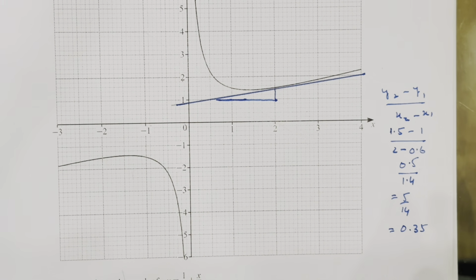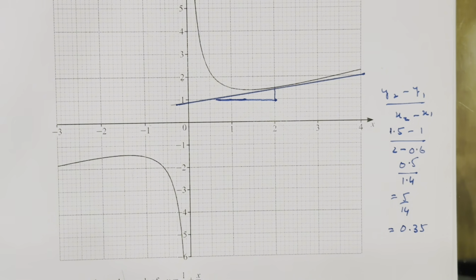So you can write 5 by 14 as the answer, or you can write 0.35.